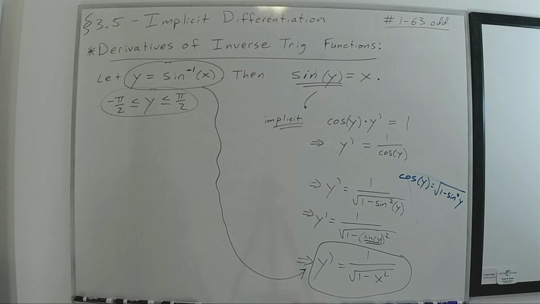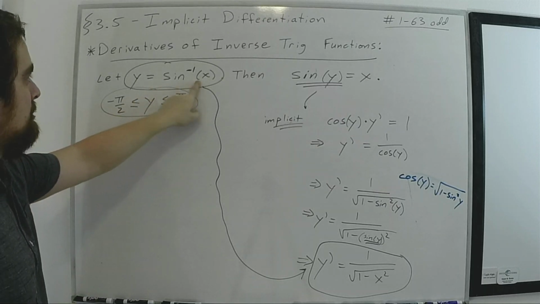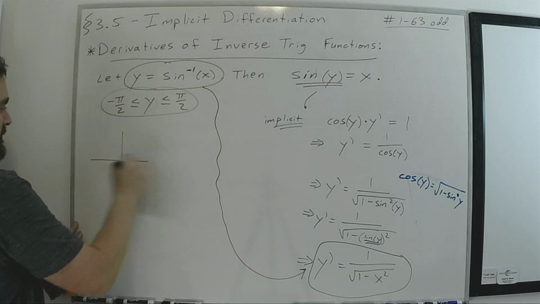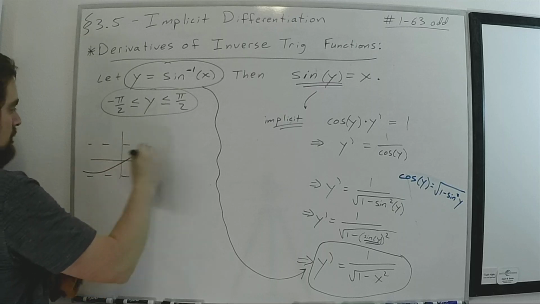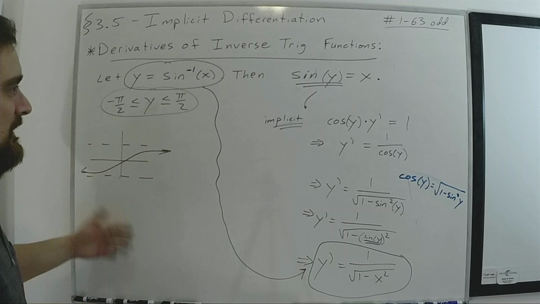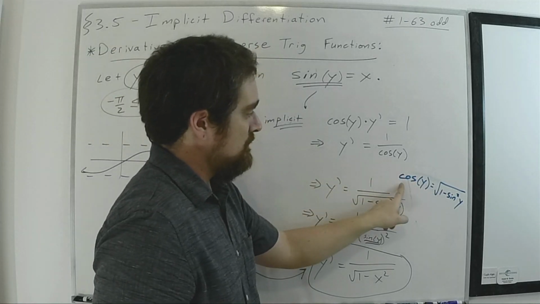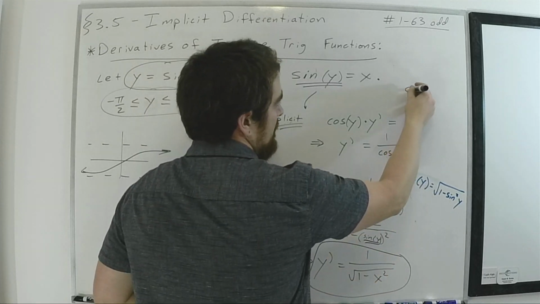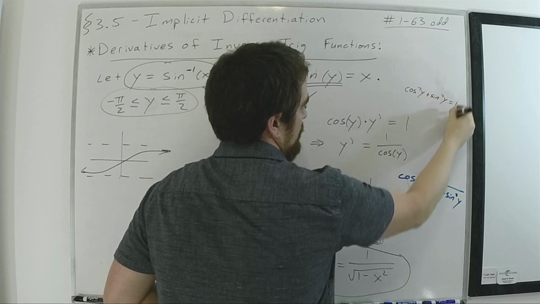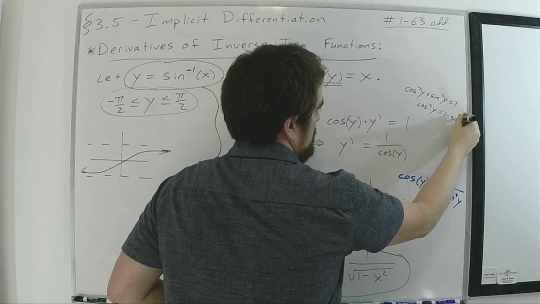So it's good to see it once, but you don't want to do this process and have to go through the whole explanation of, especially things like, you're looking at the sine inverse function, so you want to know what the range is. Well, the sine inverse function goes between negative pi over 2 and positive pi over 2. You have to take that information, transfer it over to here, because if you just look at cosine squared of y plus sine squared of y is equal to 1, then cosine squared of y is 1 minus sine squared of y.